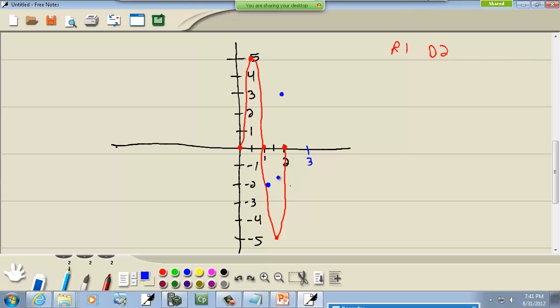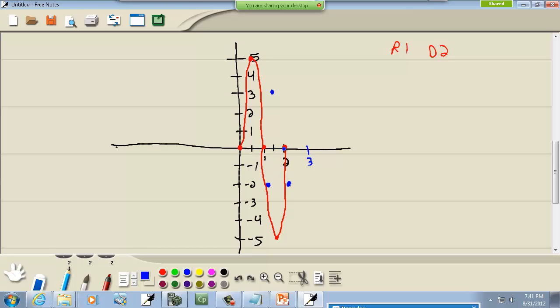Okay, I got something screwed up. Let's try that again. My eyes got off. Right 1. Okay, this is it there, so it'd be right here. Down 2 would be right there. And this one would be one more over and down 2, right there.